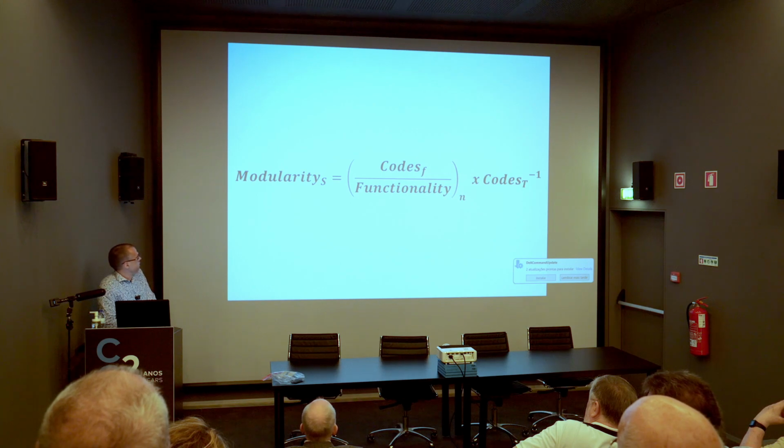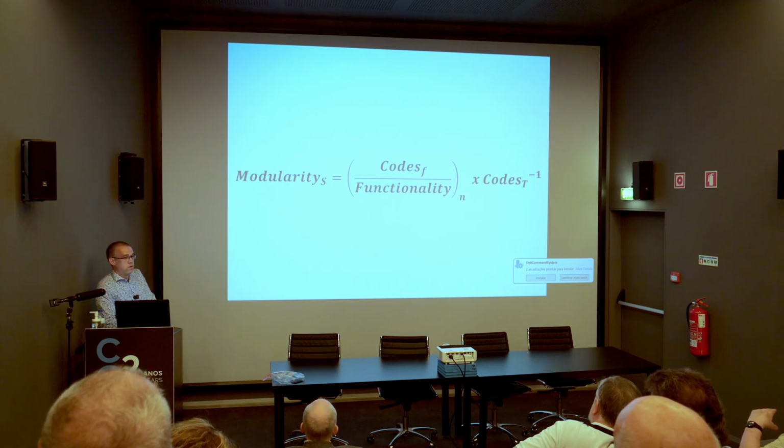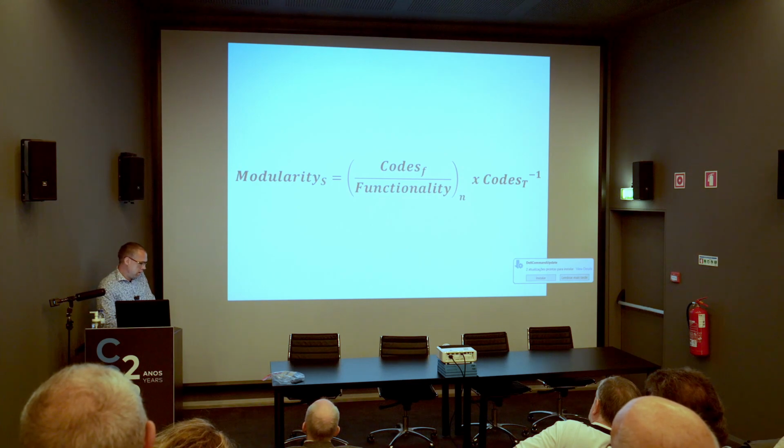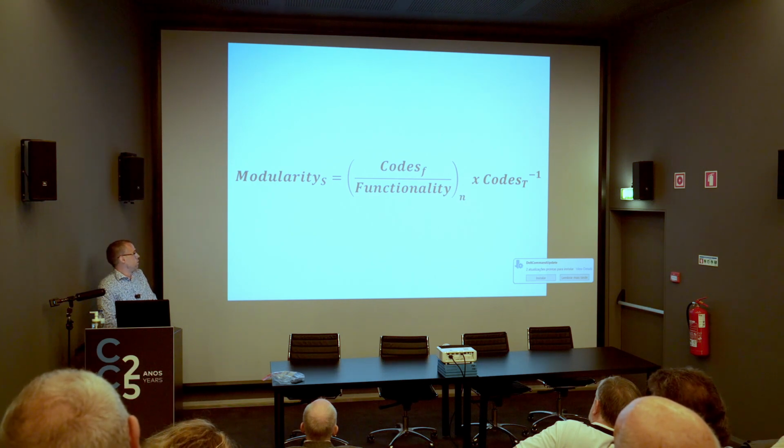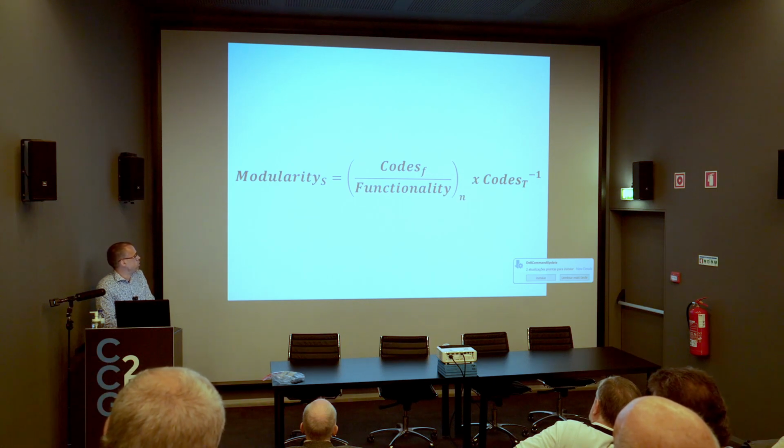I have here a simple formula that can quantify modularity. There is a lot of literature out there about modularity in network biology, but to my knowledge, none of it has a concrete and simple-to-understand measure of modularity.